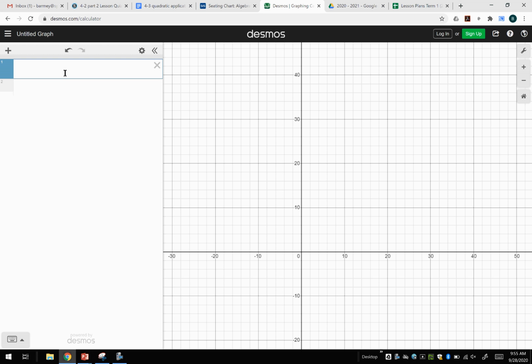You can't do it in any other variable. The function was initially given to us in terms of t, but we need to do it in x's. So negative 4.9x squared plus 25x. You may have to zoom out to be able to see the full curve of your graph. If it shoots out above your screen, just zoom out a little bit so you can see that full curve.